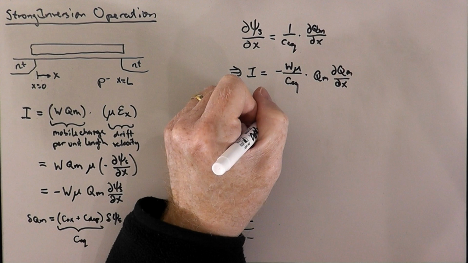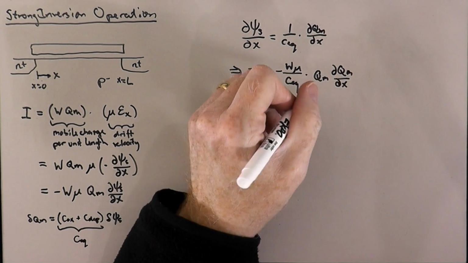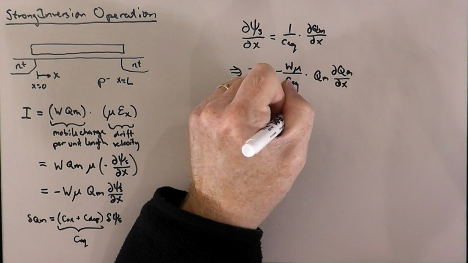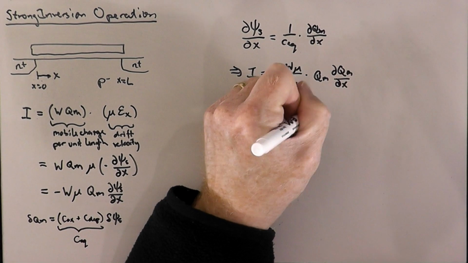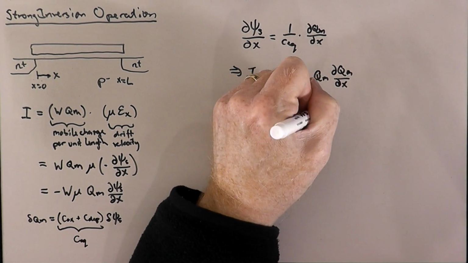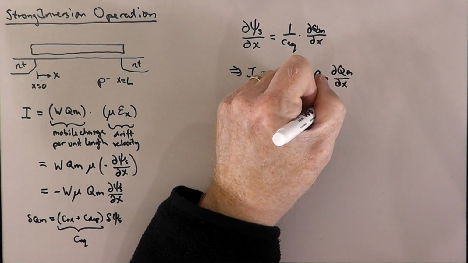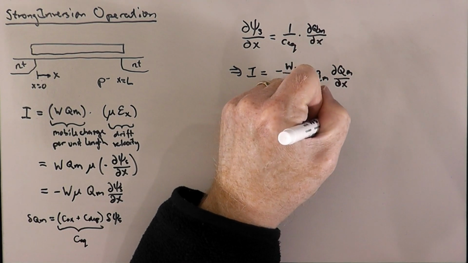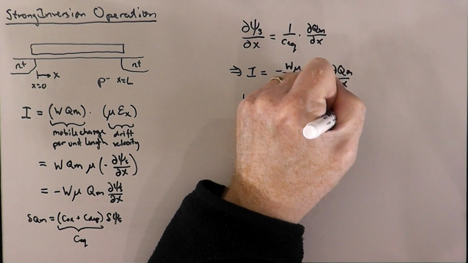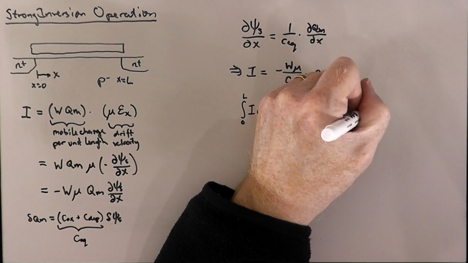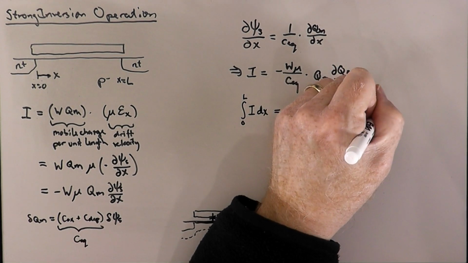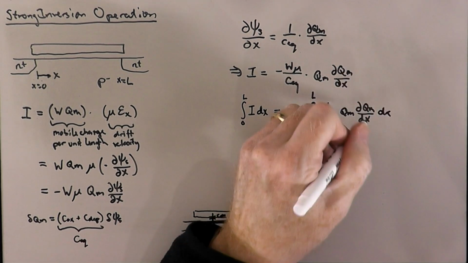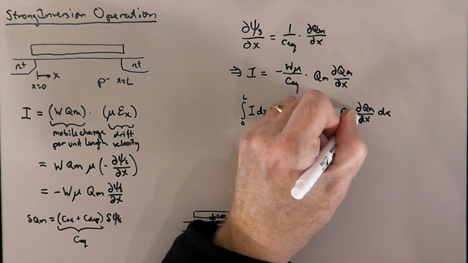And then on the right-hand side, we're going to have minus W times the integral from 0 to L of mu over C equivalent times Qm dQm dx, dx. That should be partial.